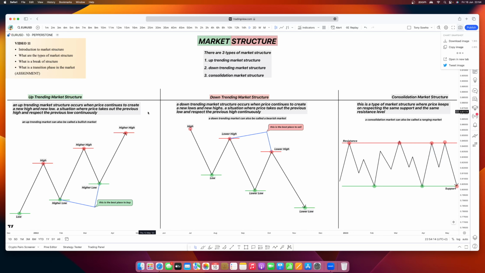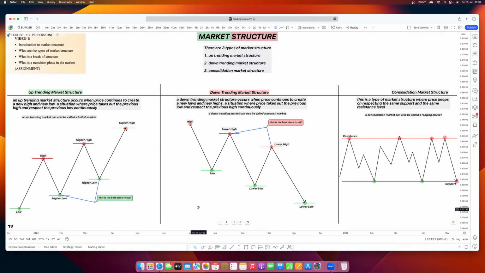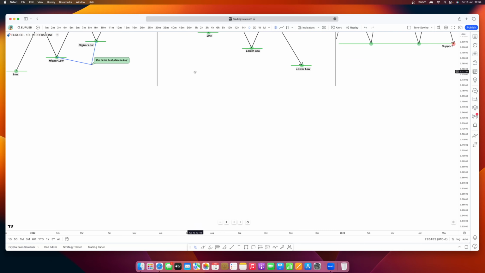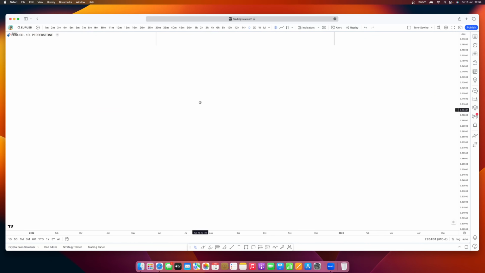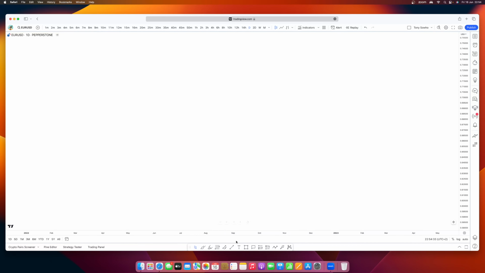So I'm going to load this up for you later. It's not showing now, but that's fine. So let's just go up. And then remember, we want to talk about what is a break of structure. So I'm going to take this all the way up now. Okay. And now we want to talk about what is a break of structure.